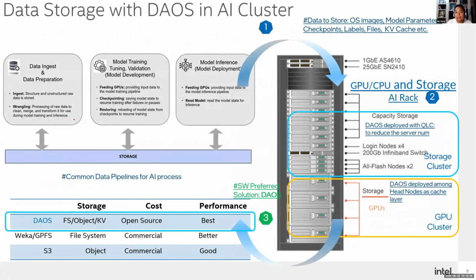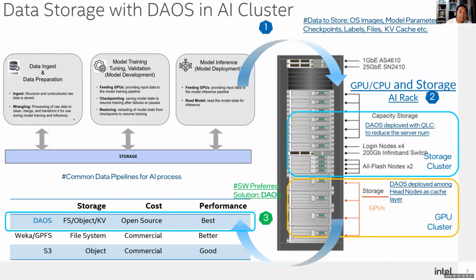Here we give an example about how to use QLC with DAOS in the storage system for AI. You can see from the top of the left side, this is the common data pipeline for the AI process.